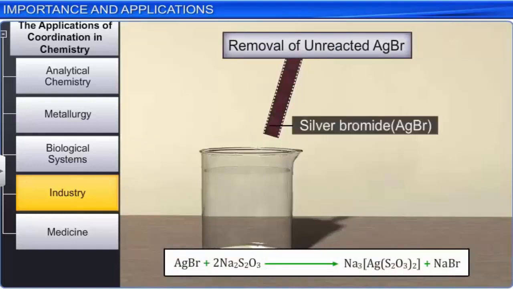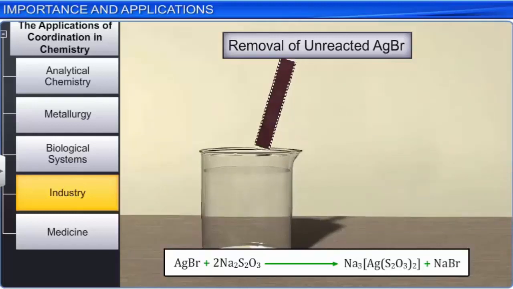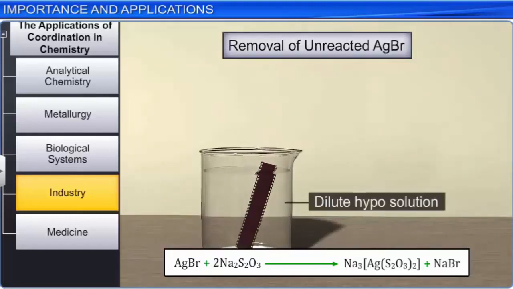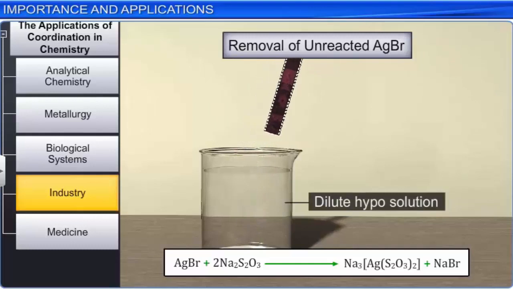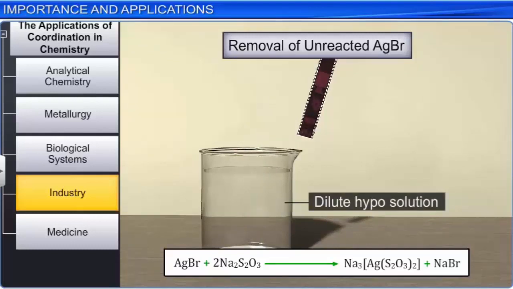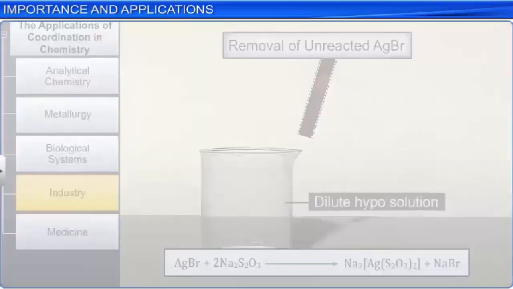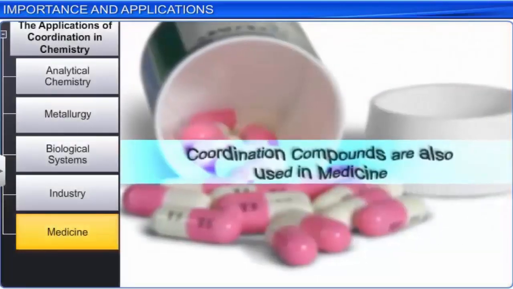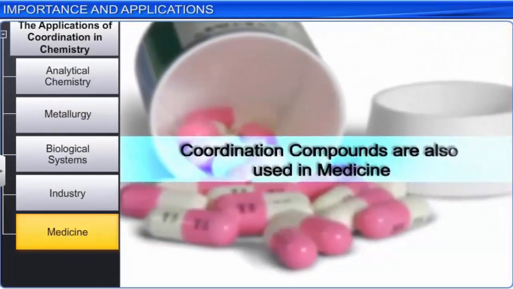Coordination compounds are also used in medicine. British anti-Lewisite, or BAL, is used as an antidote for arsenic poisoning. Similarly, EDTA is used to treat lead poisoning.